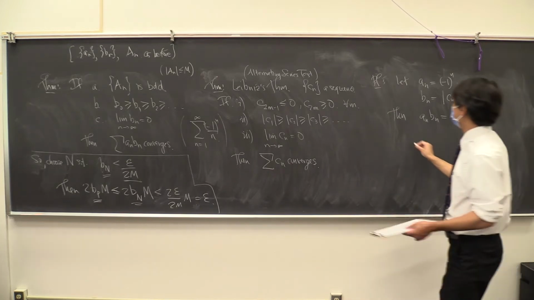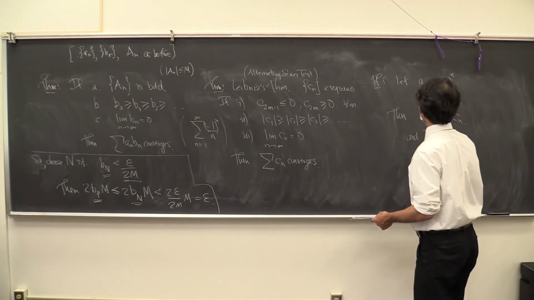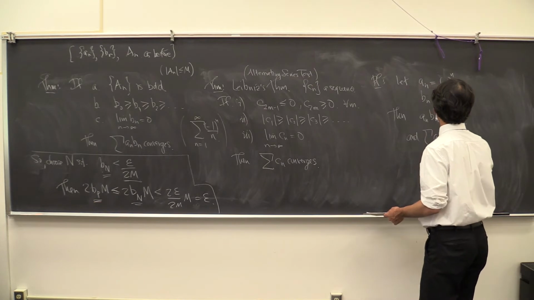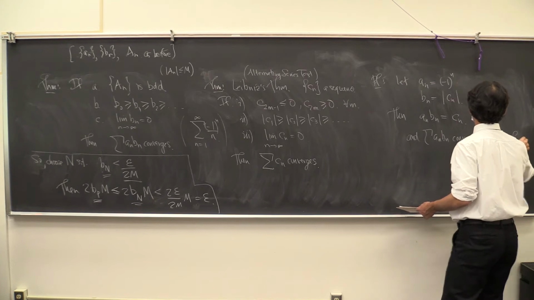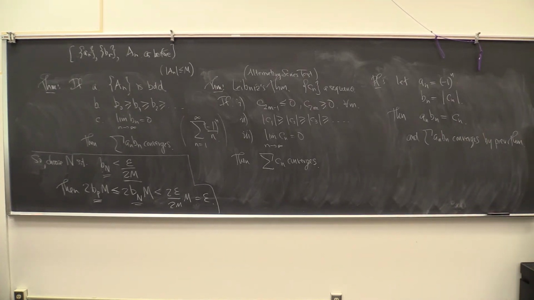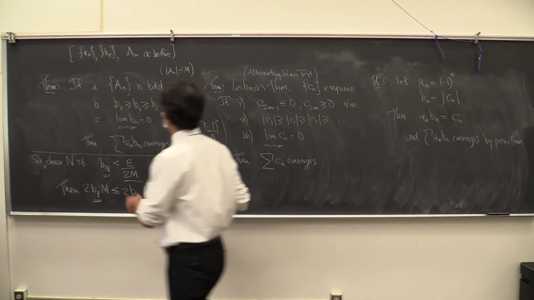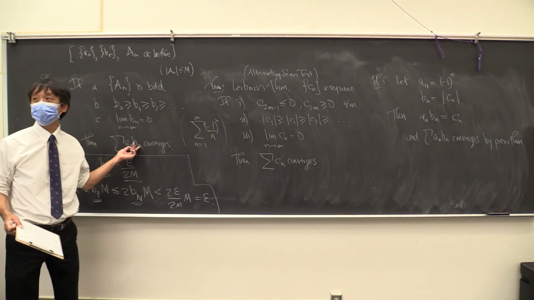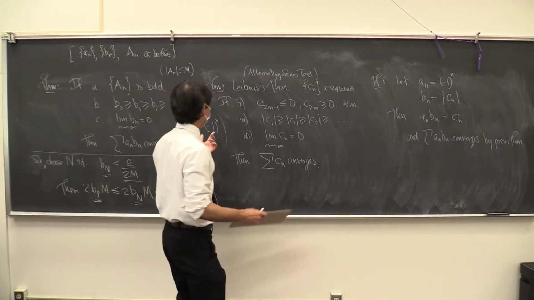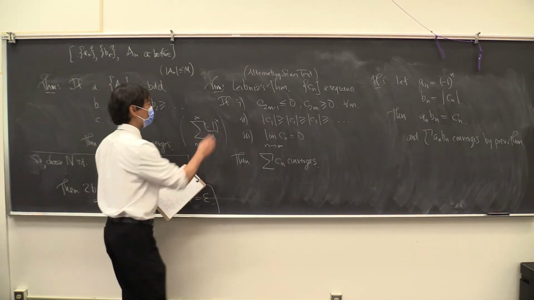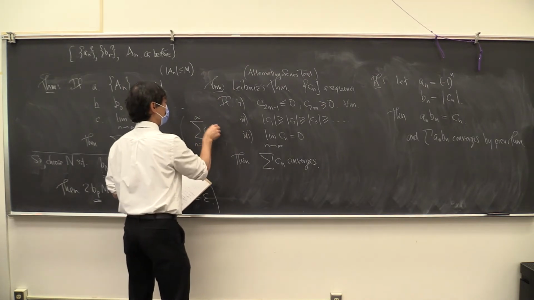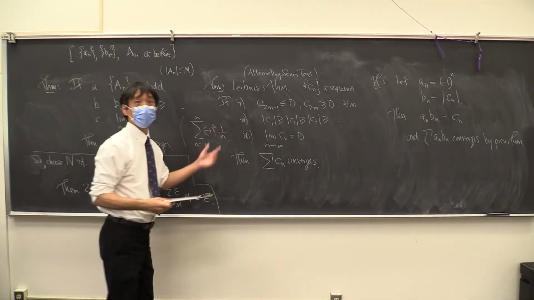And the summation of a sub n b sub n converges by the previous theorem. We had this previous theorem that talks about sums of products. Well, this thing here is a product: it's a product of (-1)^n times 1 over n.